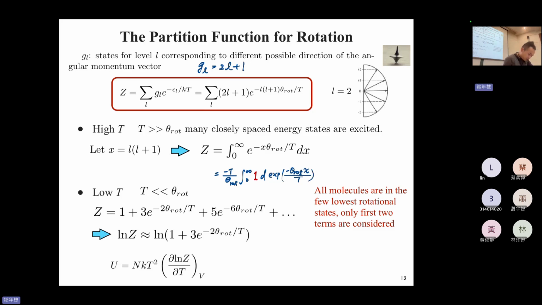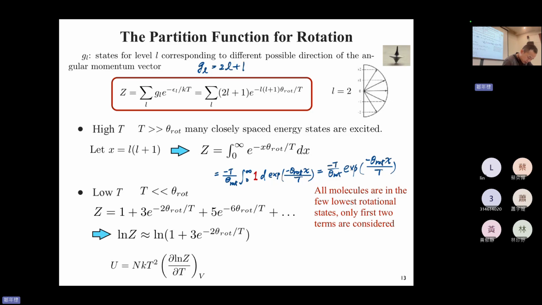All right, so we make this change of variables and try to make the integration work, right? So minus t over theta rotate equal exponential minus theta rotate x over t.